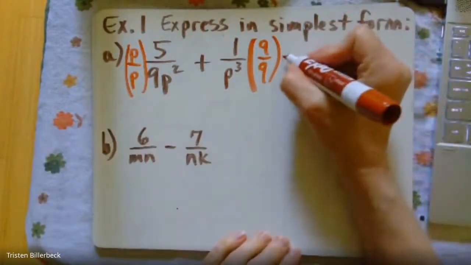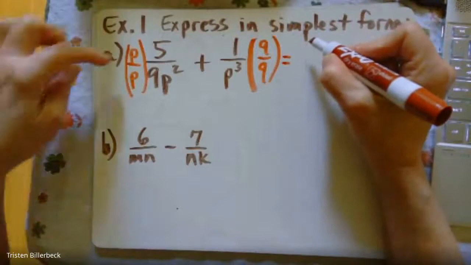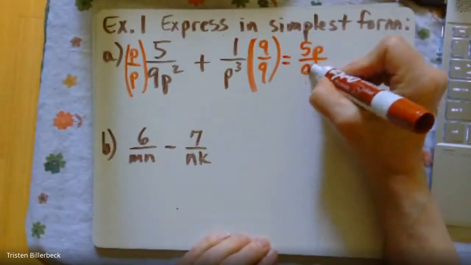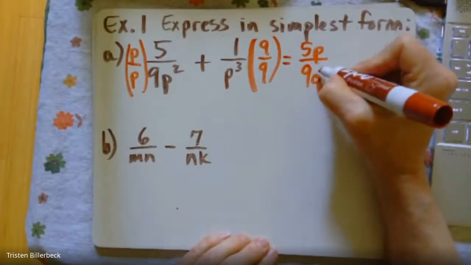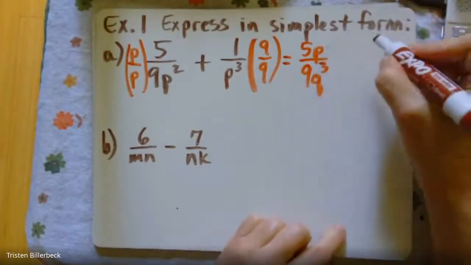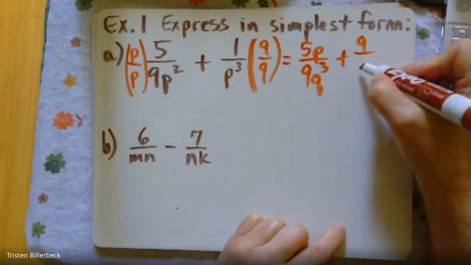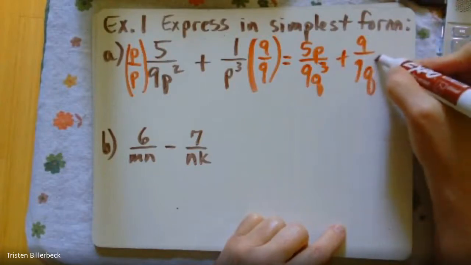Okay, so now we can write that's 5p over 9 cubed, and then plus 9 over 9 cubed.